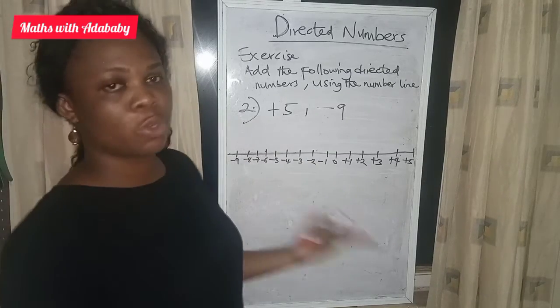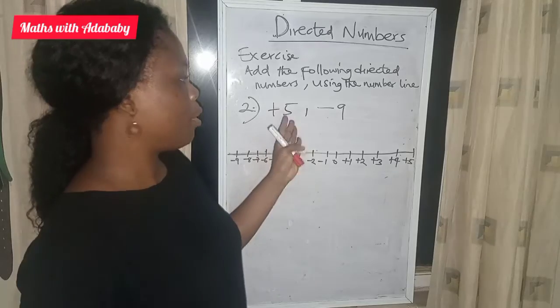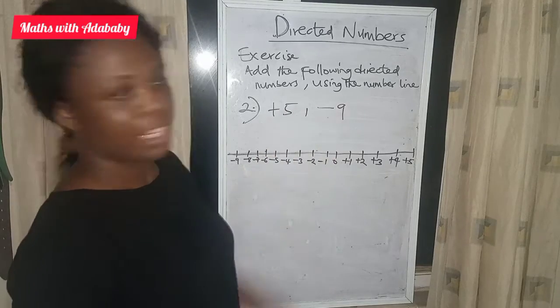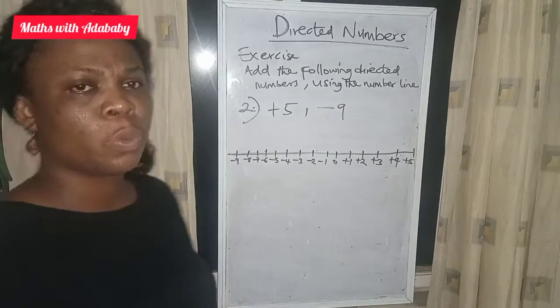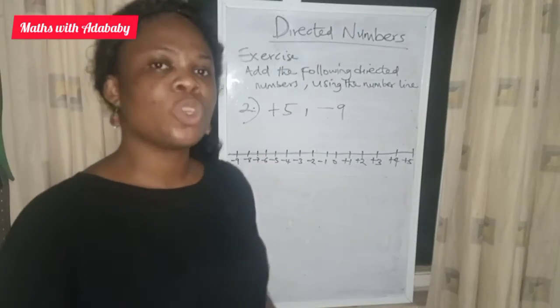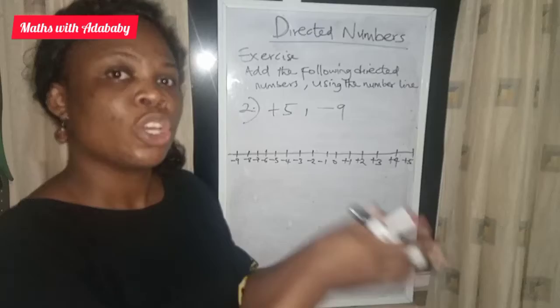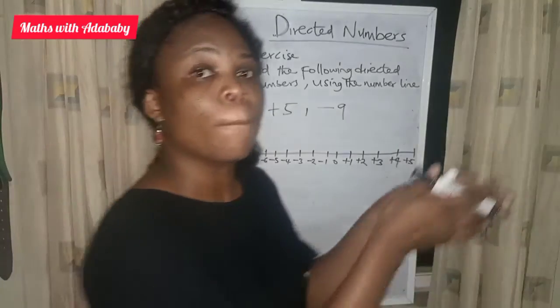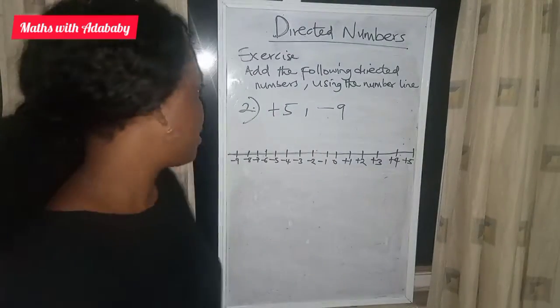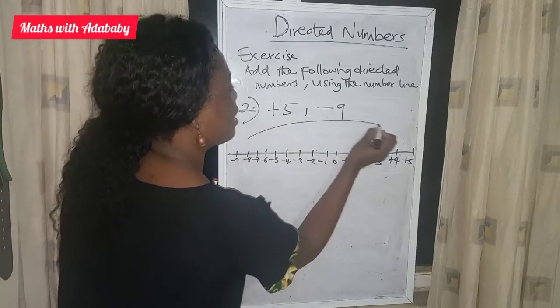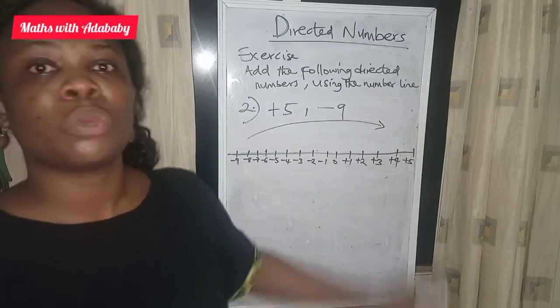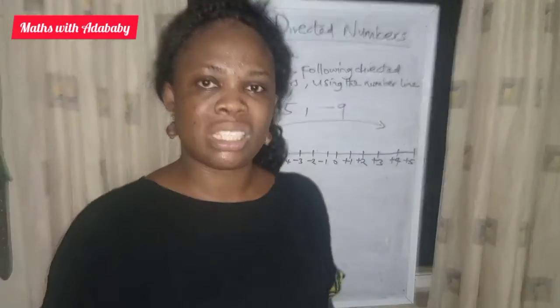So how are we going to represent the addition of plus 5 and minus 9 in the number line? Remember that when you are going forward in the right position, that means you are adding up positive numbers. That means if you're going forward like this, you're dealing with only positive numbers.